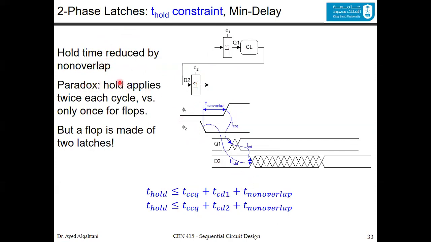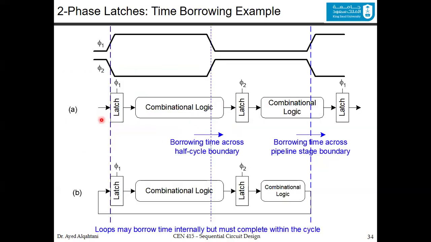And there is a paradox. The hold applies twice each cycle for the latches because you have 2 latches, versus only once for the flip-flops. But either way, inside each flip-flop, you have 2 latches. And you can see the paradox here. Now for the time borrowing, and this is the first time borrowing that we discussed.